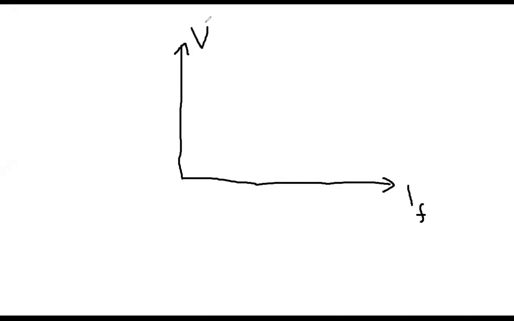Let me take you to the whiteboard. In this axis, the field current, IF, and in this axis, the voltage developed in a synchronous generator.